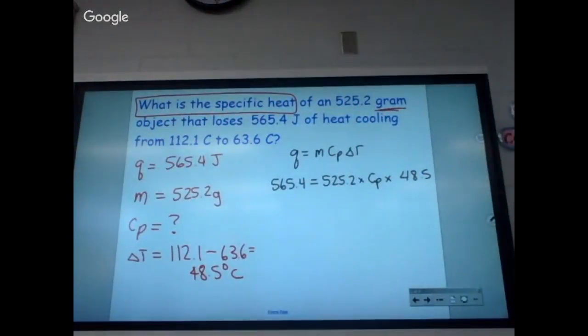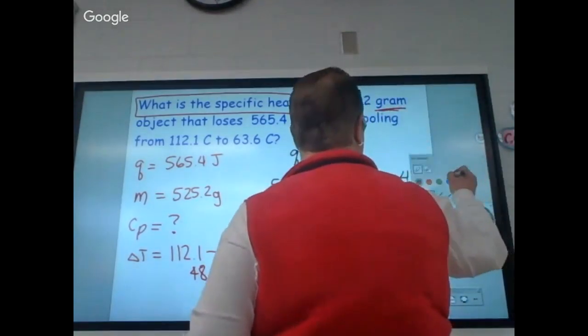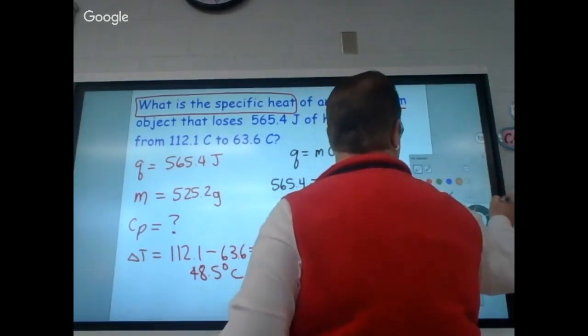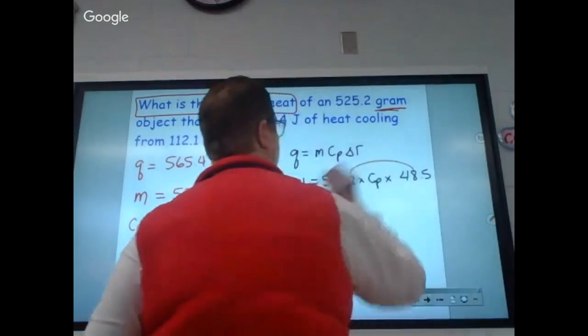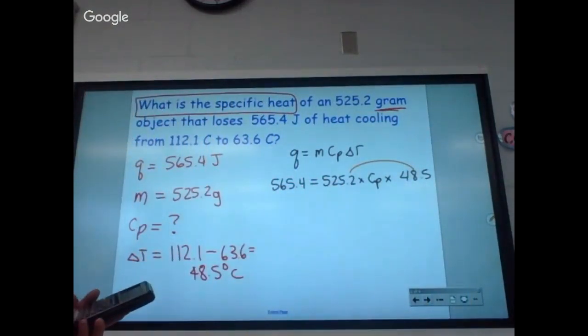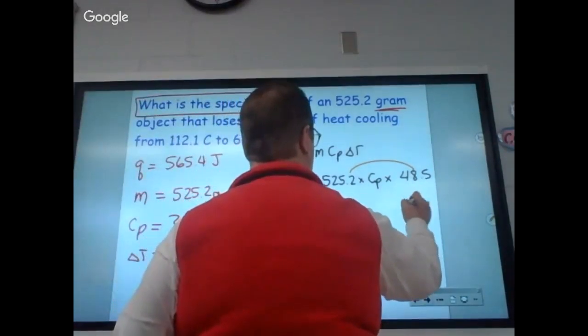Most people do multiply and combine like terms. It's not the only way to do it. If you prefer a different way, then do it a different way. But most people prefer to combine like terms. There's nothing wrong with doing it that way.